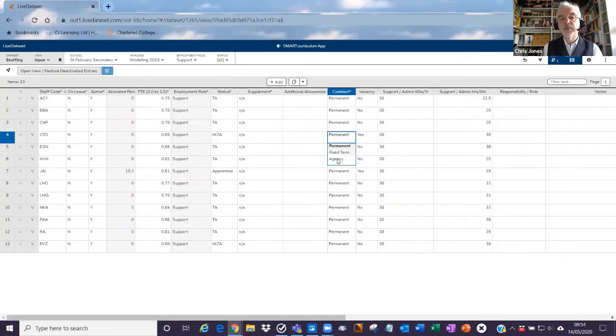again, same as before, we've got the different contract terms, including agency, not outsourced here. It's very unlikely for a support member of staff to be outsourced. We have the range, and we've added the ability to put in apprentices here, but for support, obviously, HLTAs and TAs.